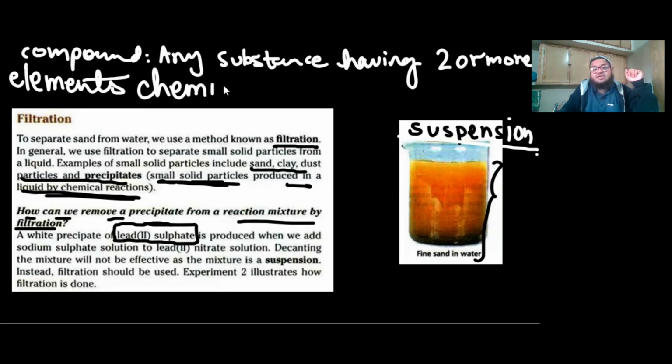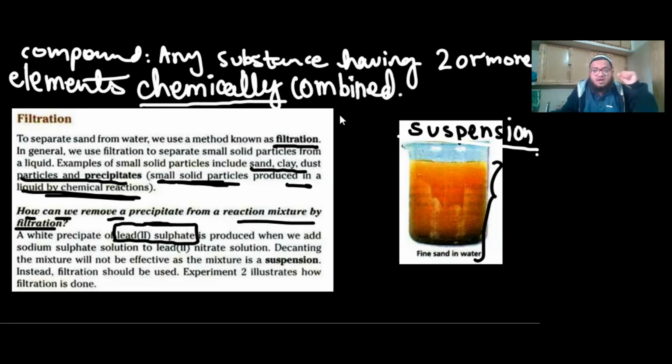Okay, chemically is the key term over here. Do not miss it, or else you'll end up losing marks. Chemically combined. Okay, because in mixtures you've got substances which are not chemically combined, they are physically combined. This is the difference between a compound and a mixture.